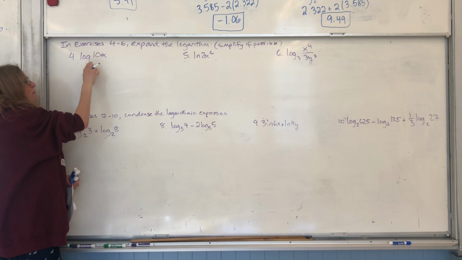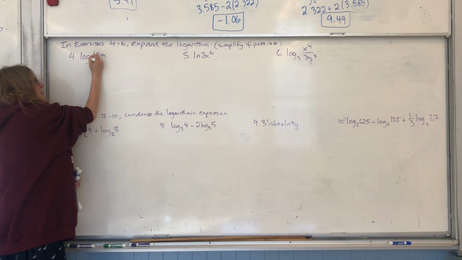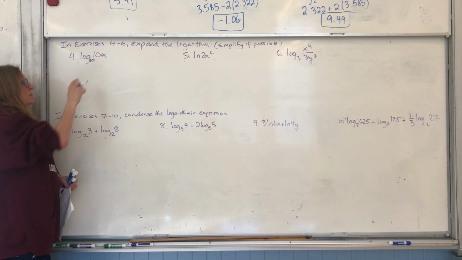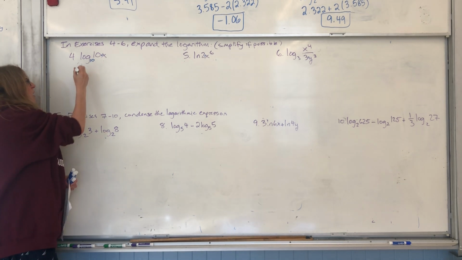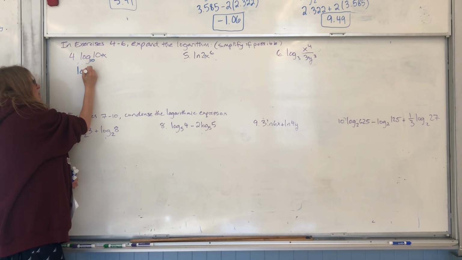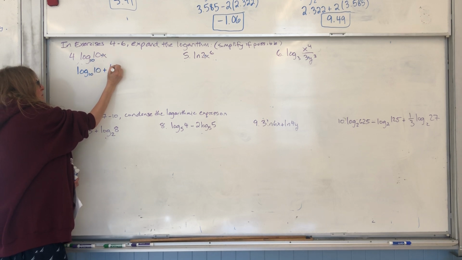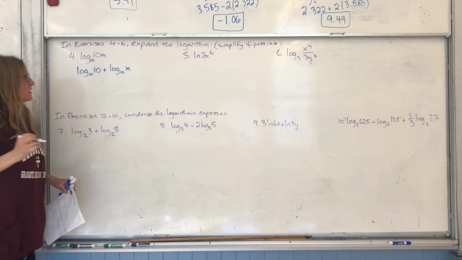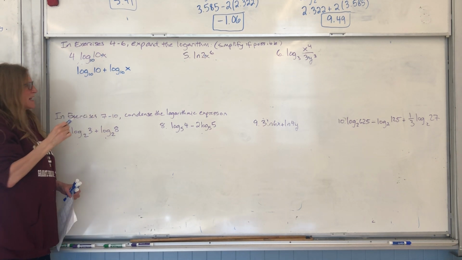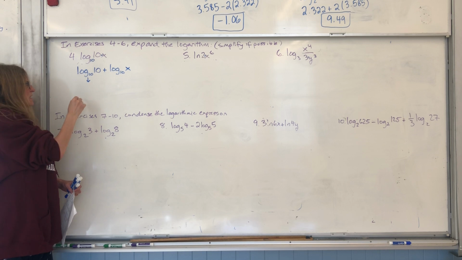We want to remember that if I have log 10x, there's a 10 here we don't write it, but it's there. And that 10x means 10 times x. So I can actually split this into log, and I'm going to write the 10. Okay, and so now clearly I can't simplify something that has an x in it, but could I simplify this?